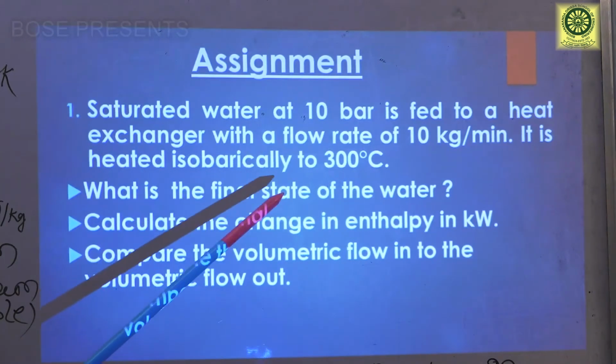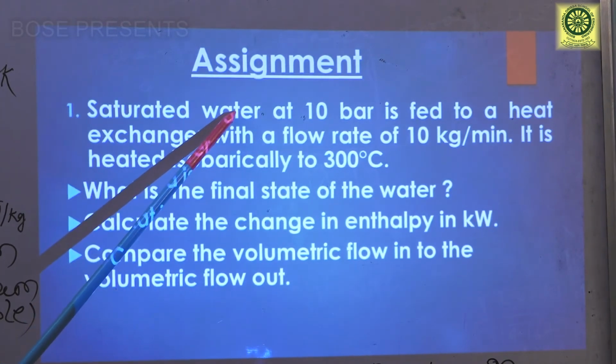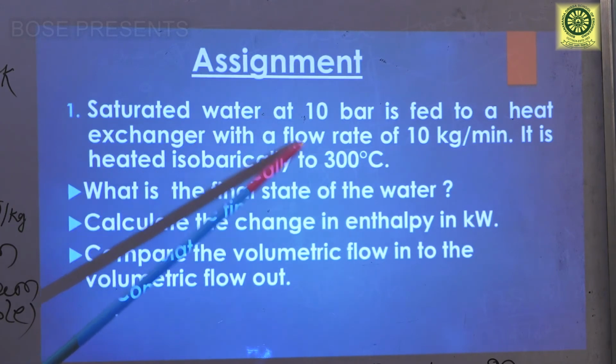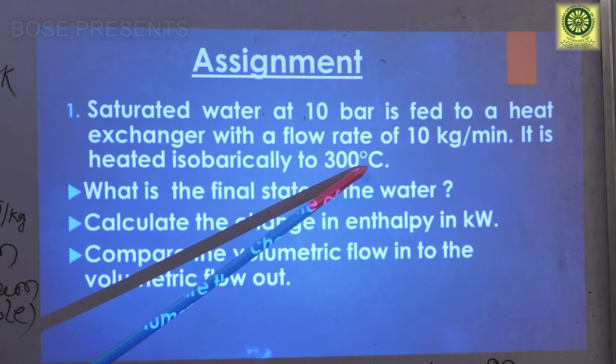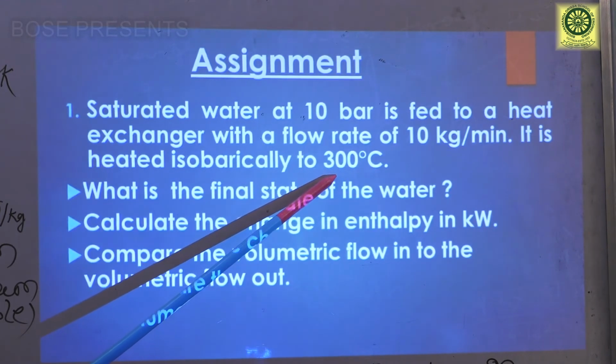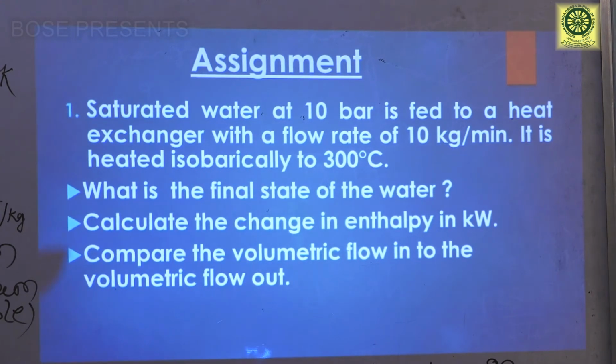So remember that the initial condition is saturated water, and then it is heated, and because of that heat addition it is converted to steam at 300 degrees centigrade. If you try to solve this problem and face any difficulty, then you can contact me. You can message me also.